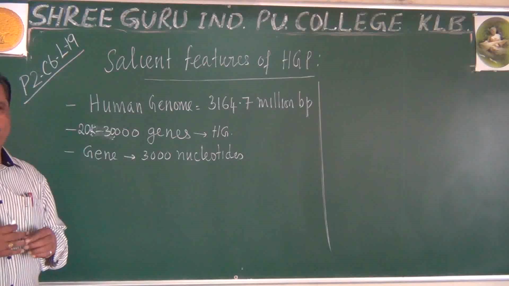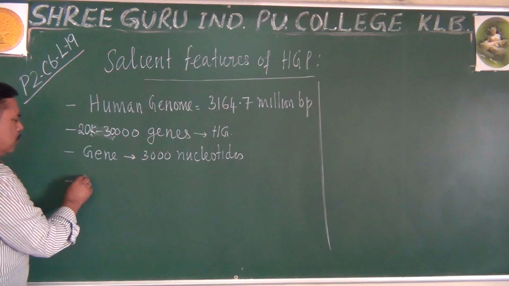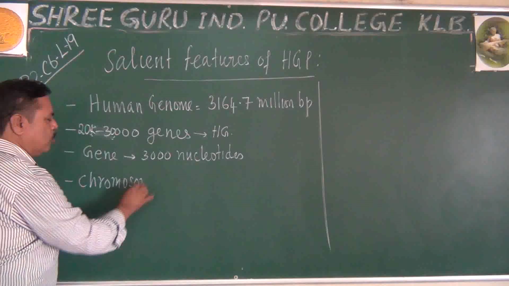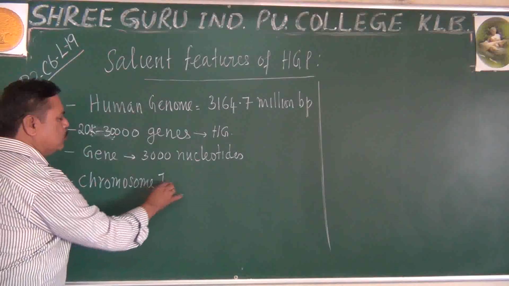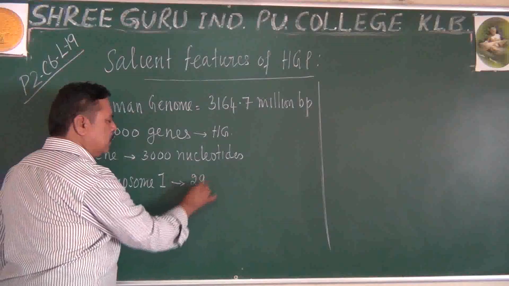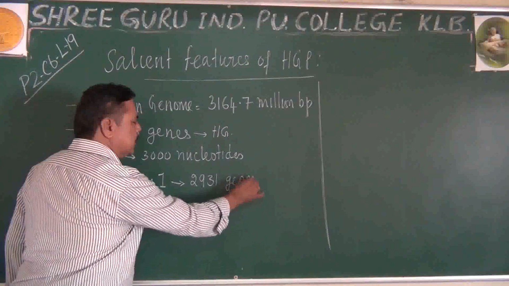Out of this, chromosome number 1 is considered to be the largest chromosome. Chromosome 1 contains 2,931 genes in it.